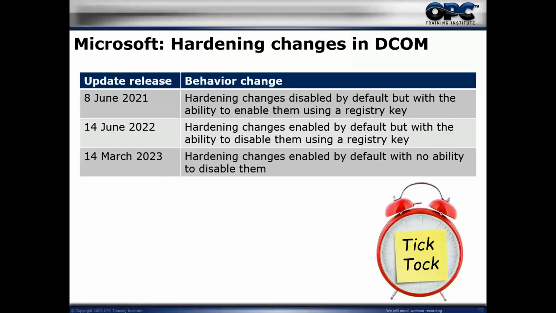Last year, in June of 2022, Microsoft switched. Now these changes were again available, but this time they were turned on by default. So if you didn't do anything, these changes were activated. And in 3 weeks, these changes will be on, and you will not be able to disable them at all.